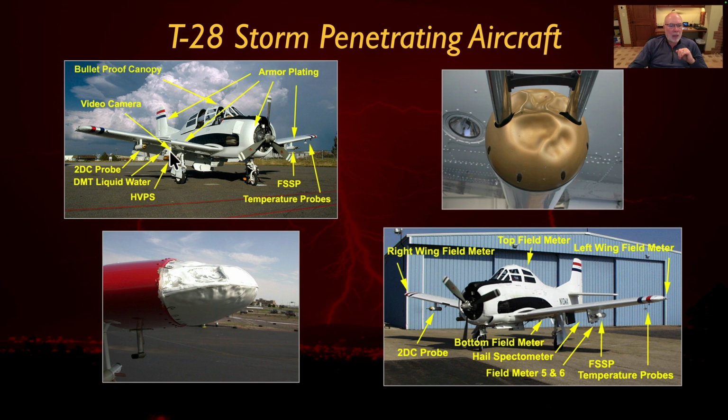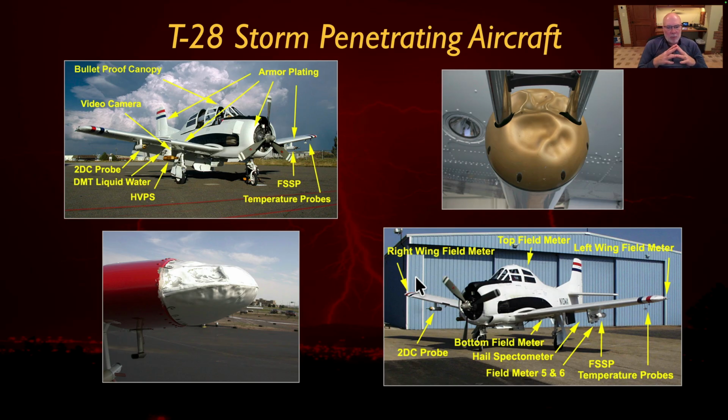And then we had a wing camera on the right side that would record our voice comments as we're flying, as well as see out the right wing. It also had a number of electric field meters, which allowed us to sense the ambient electric field that the aircraft was flying through, as well as the change that takes place from lightning flashes and flying into different areas of charge. So it was quite an aircraft.